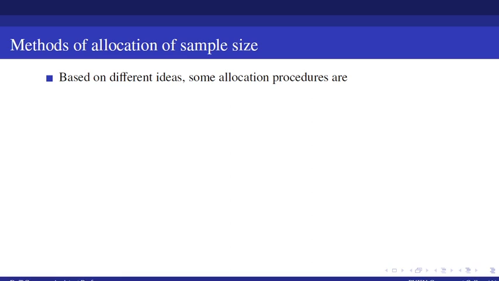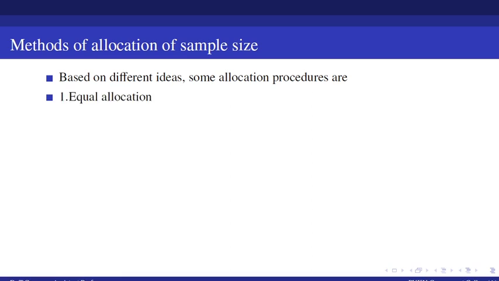Next, based on different ideas, the allocation procedures to select samples from each stratum. To decide the sample size from each stratum, we already discussed here. There are three allocation procedures. The first one is equal allocation.